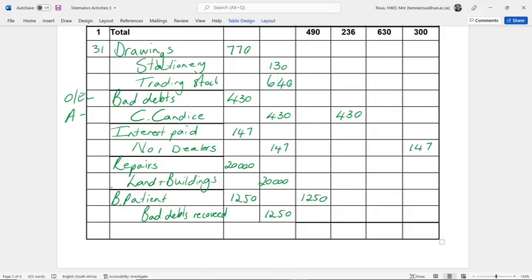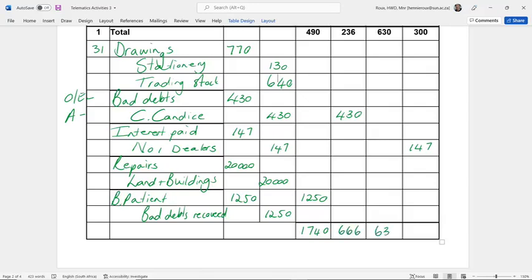Always remember, when we do general journal entries, the account that you write first is the account to be debited, and the account that you write second will be the account that you credited. Now at the end of the general journal, we add up these to get the journal debits and credits. 1740, 666.